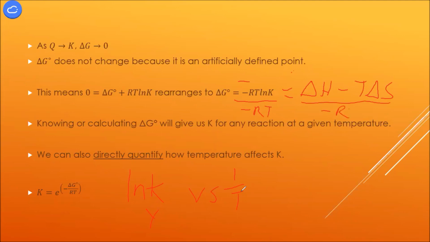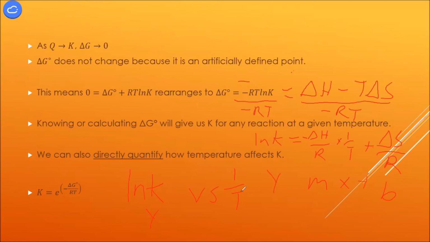What that gives us is ln K on the left side equals negative delta H over R times 1 over T plus delta S over R, because the T over T cancels out. So this is our y-intercept, there's our slope, here's our x, and here's our y.